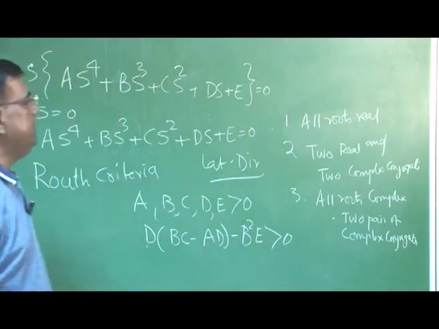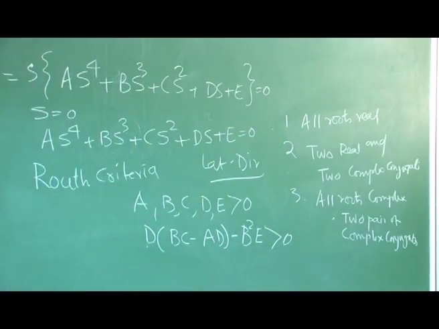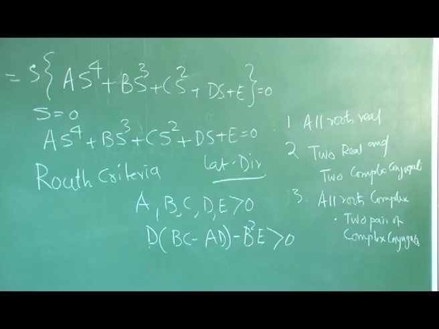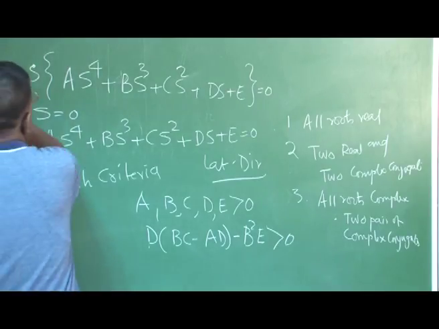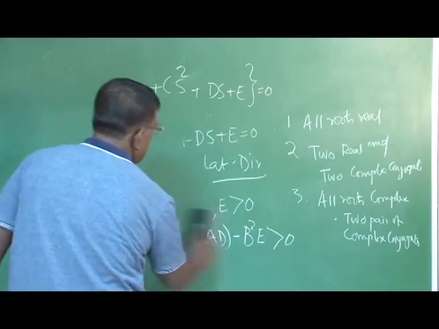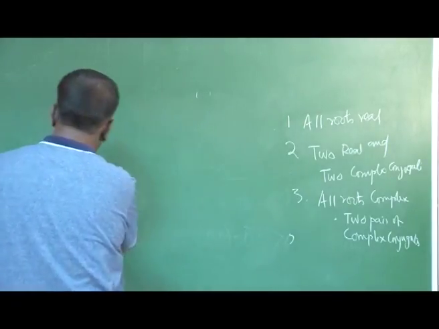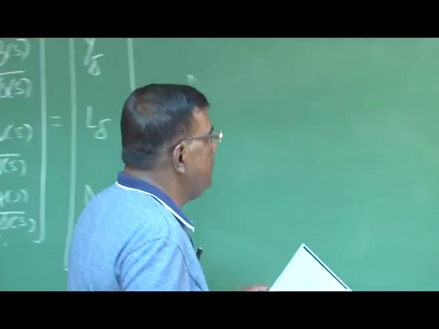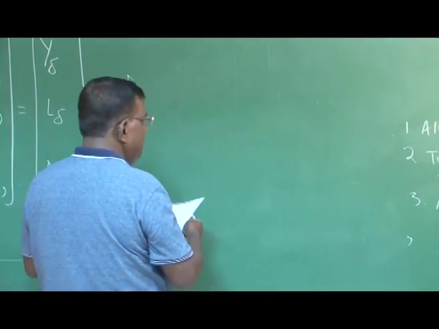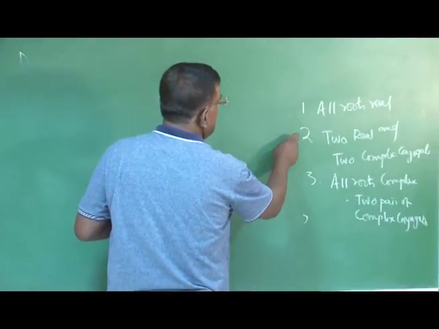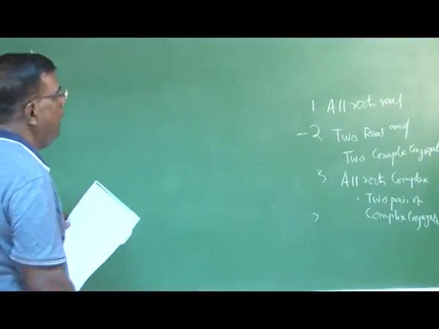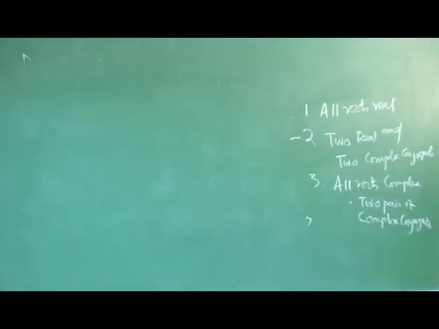In the second case 2 real roots are there. Mostly, case 2 is the common type of root we get for most airplanes, for the lateral directional case: 2 real and 2 complex conjugates, right?